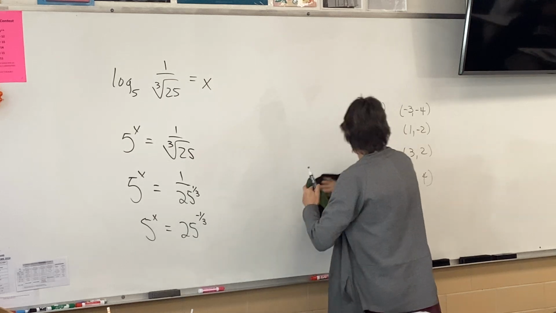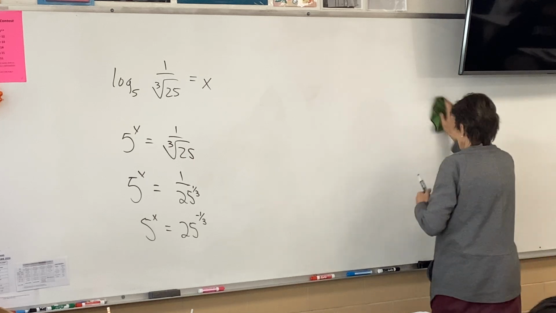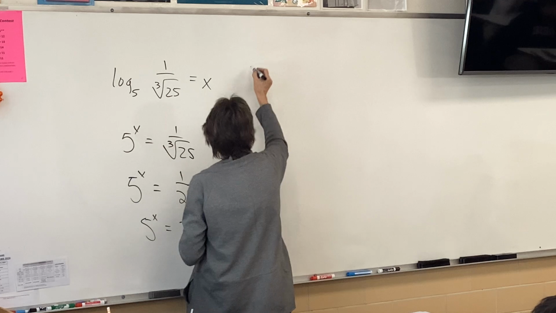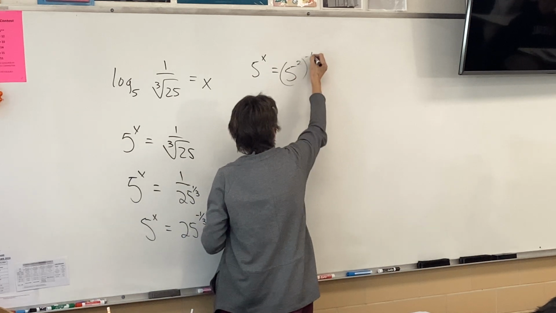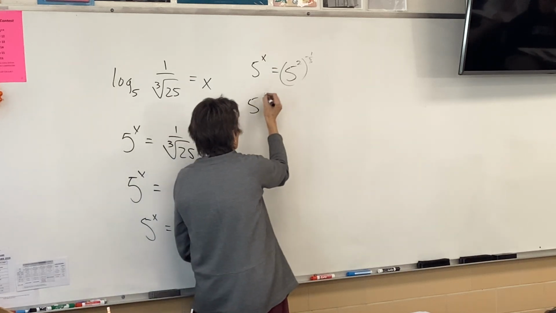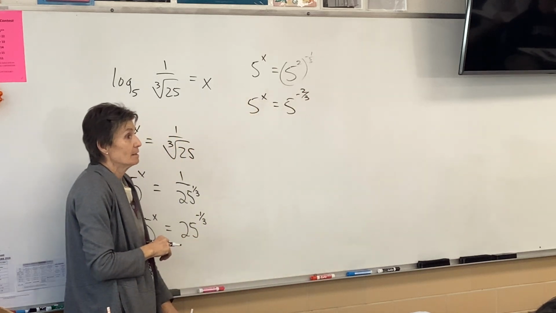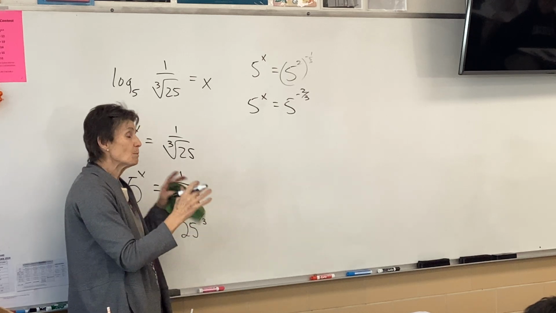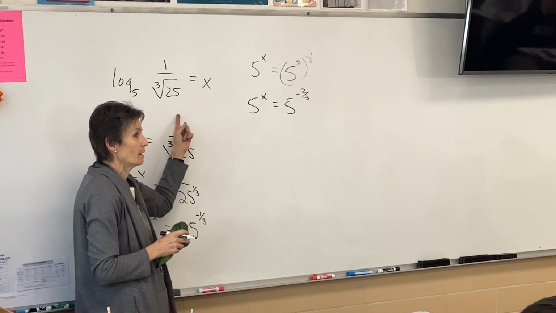So I will change that 25 into 5 squared. So I have 5 to the x equals 5 squared to the negative 1/3. So 5 to the x equals 5 to the negative 2/3, and x is negative 2/3. Okay, so any way you do the problem, you have to rewrite that as a power of 5.